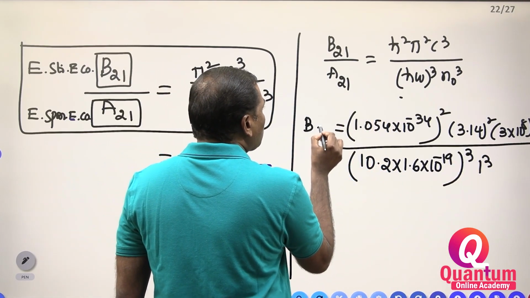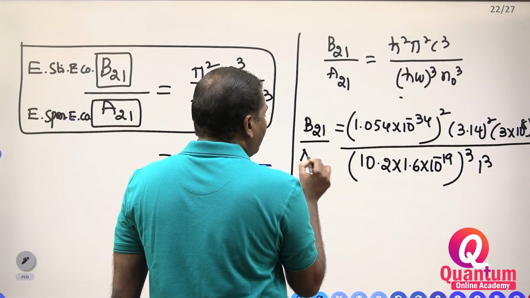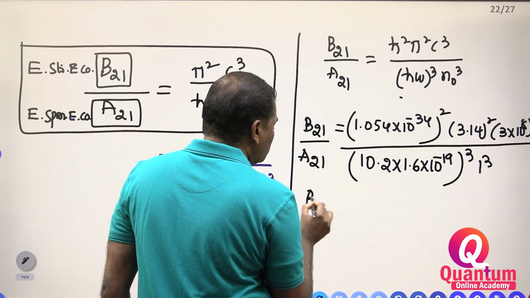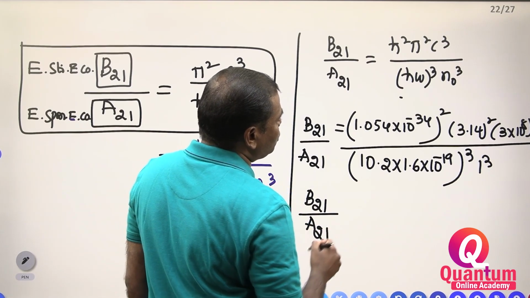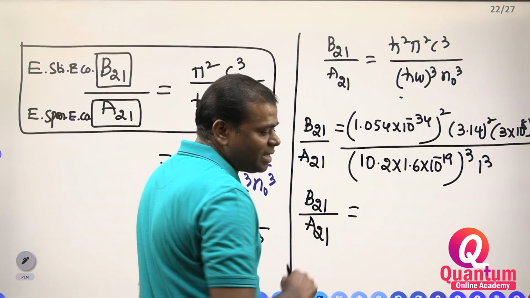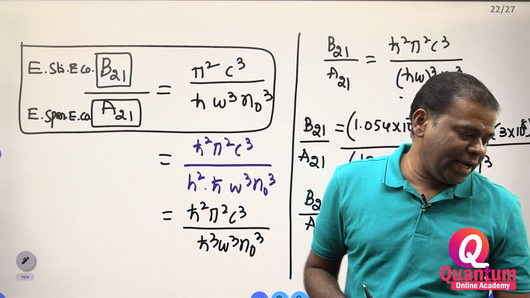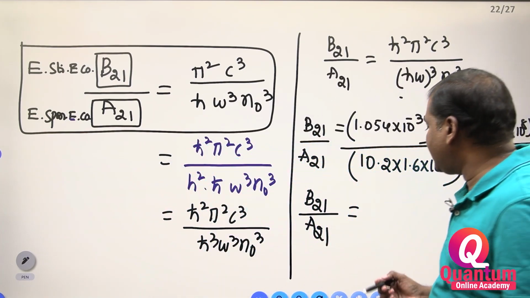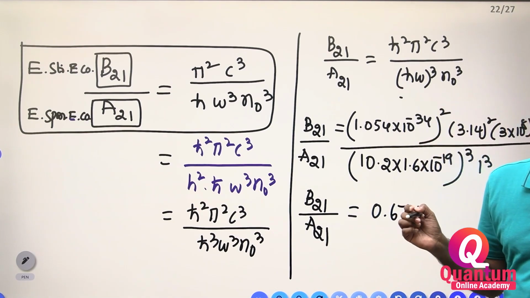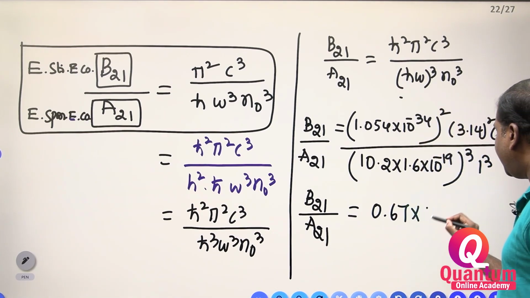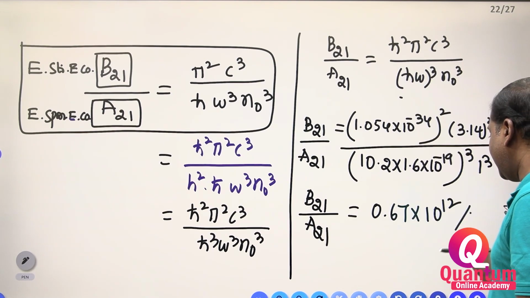If you solve this, B21 divided by A21 is equal to, if you calculate this value, how much value are you getting? 0.67 into 10 to the power of 12 you are getting.